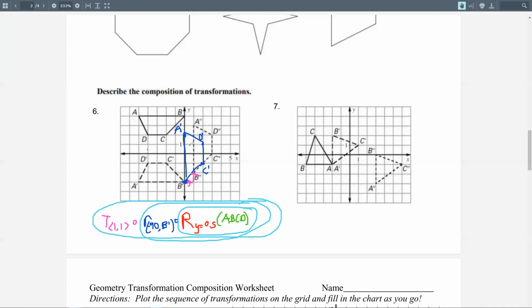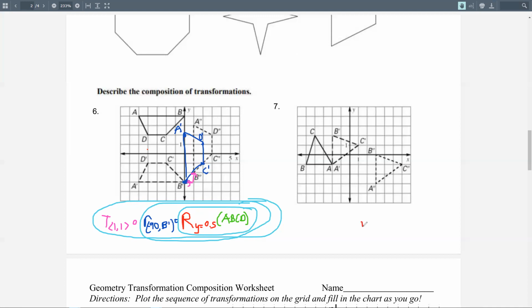So we got to remember the order matters in which we're writing. It's the translation of the rotation of the reflection. So we're reflecting A, B, C, D, we're rotating that reflection, and then we're translating that rotation.